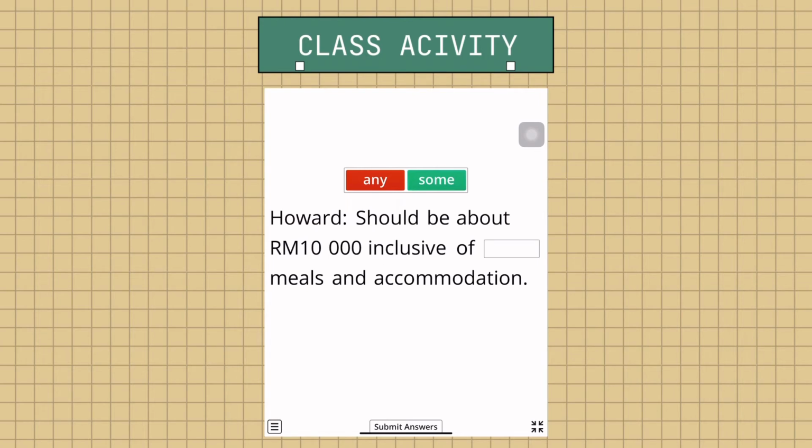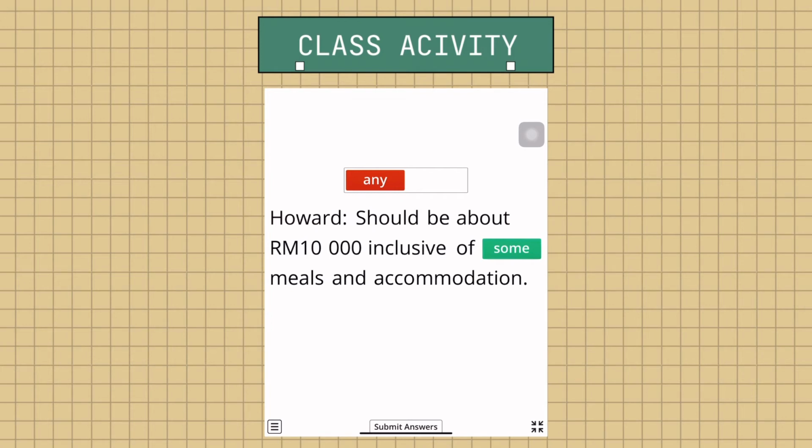What's the answer for the first column of the dialogue? Howard: It should be about RM 10,000 inclusive of meals and accommodation. Okay, the answer is some. It is because it is a positive sentence.